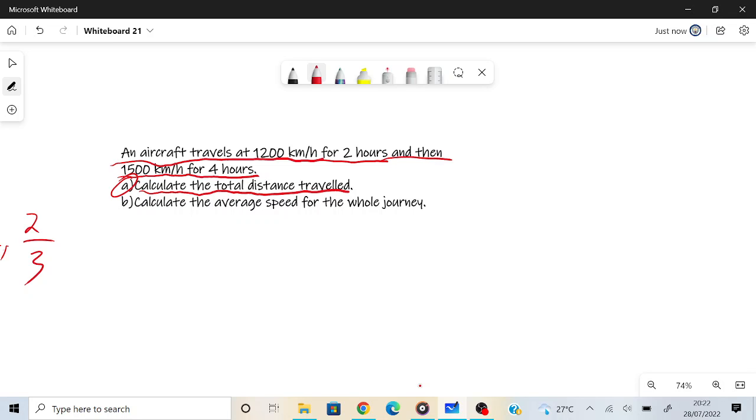Now there is quite a bit of information here, so let's slowly take it all in at first. It says it travels at 1,200 km per hour for 2 hours, and then 1,500 km per hour for 4 hours. Calculate the total distance traveled.